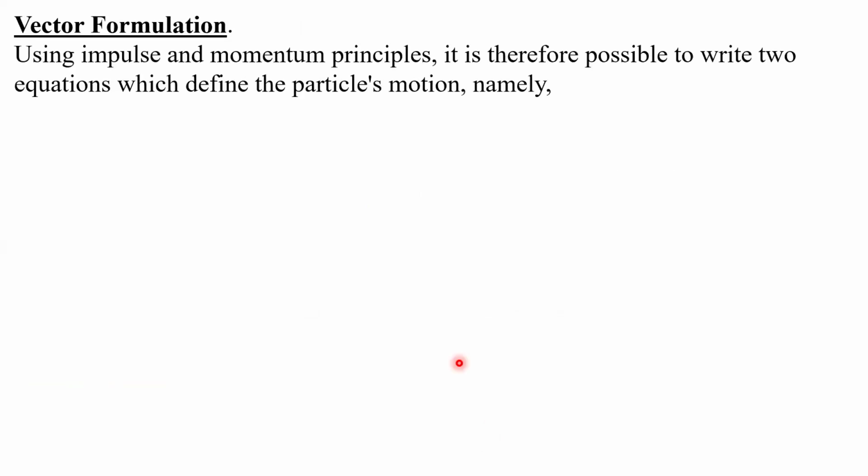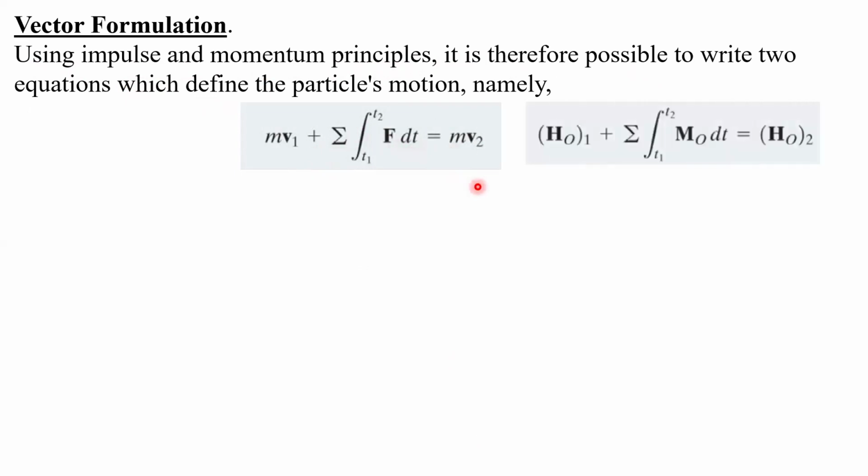Vector formulation. Using impulse and momentum principles, it is therefore possible to write two equations which define the particle's motion, namely mv1 plus the integral of F dt is equal to mv2, and H_O1 plus the integral of M_O dt from t1 to t2 is equal to H_O2.